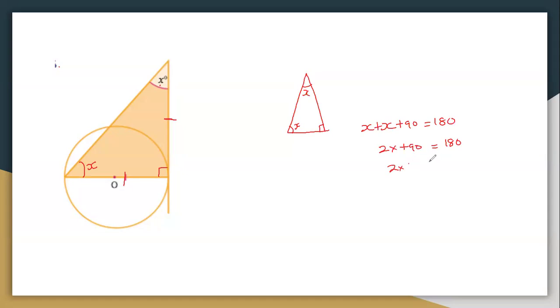We subtract 90 from both sides, 2x will give us 90, and divide both sides by 2. Then x will be equal to 45. Okay, that is okay.